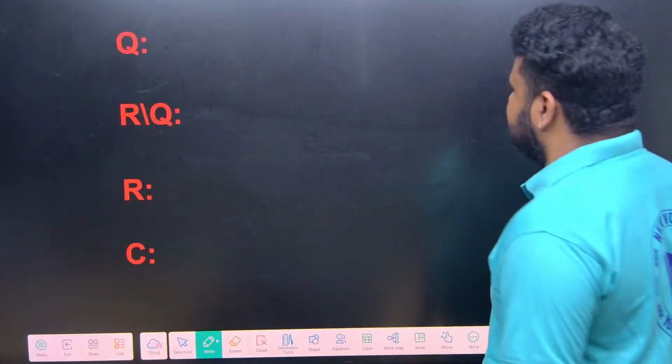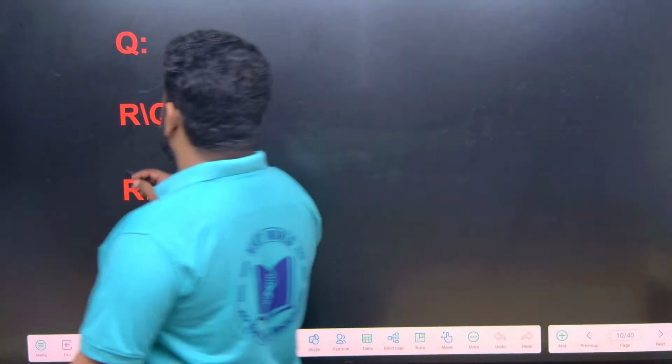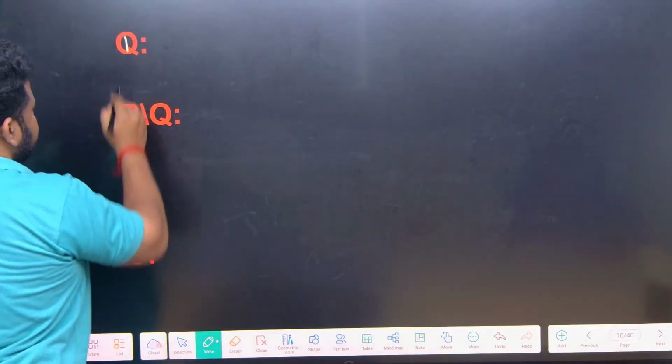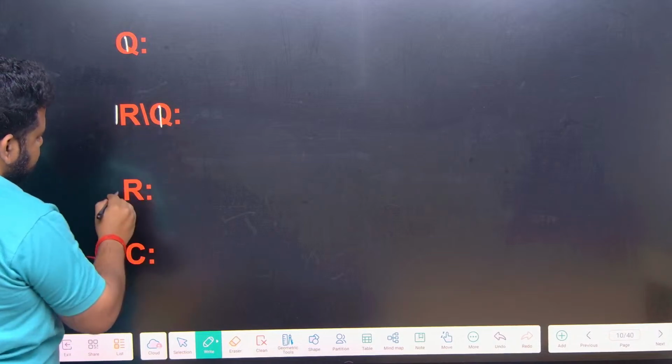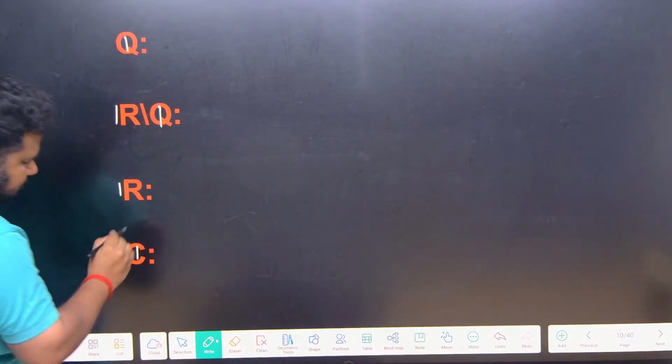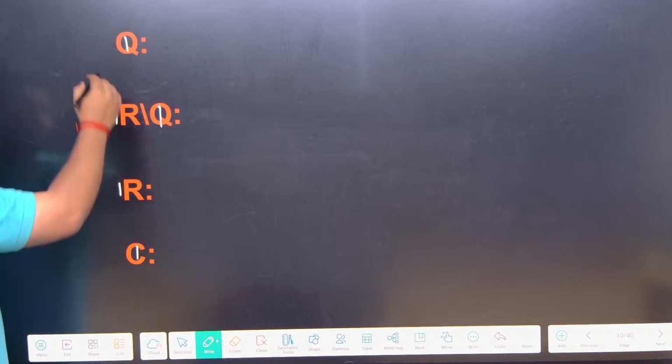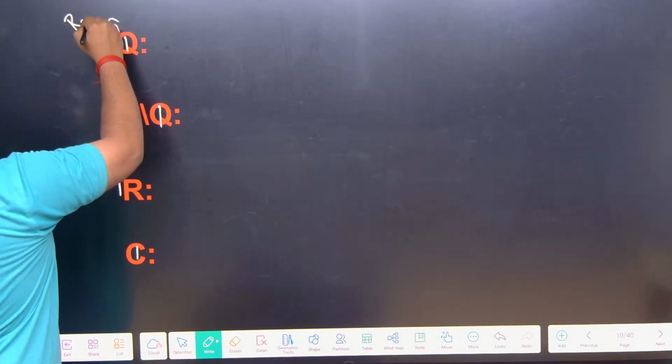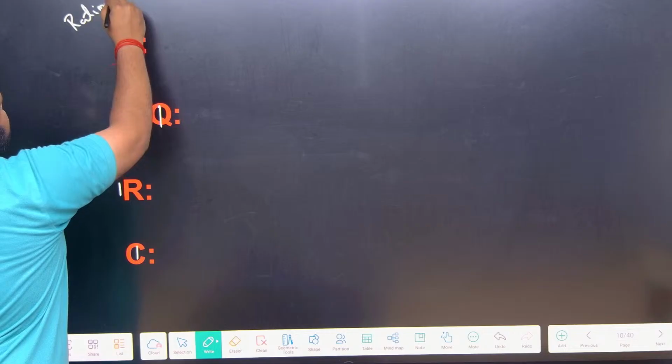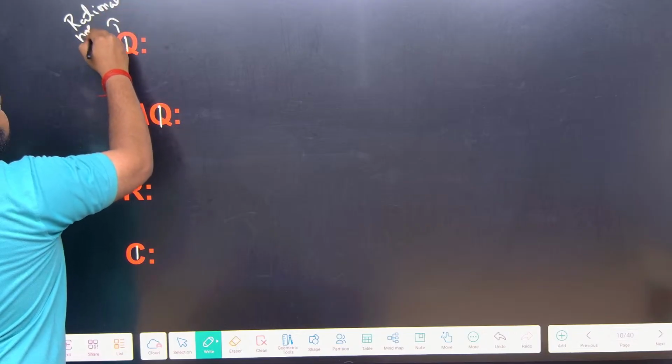Now proceeding further, this is Q, we represent it like this in set form. R will be like this, C is the complex numbers, we represent it like this. So Q means rational numbers. We are representing the set of rational numbers.